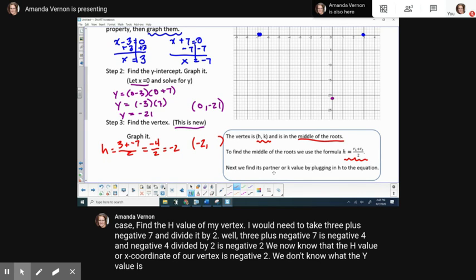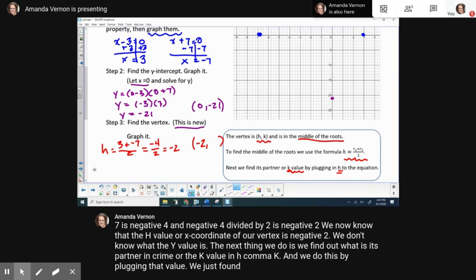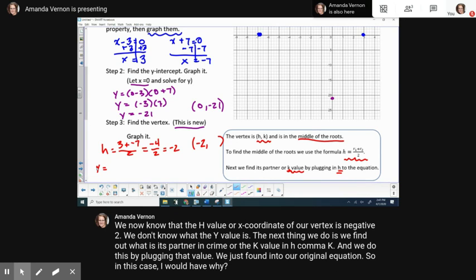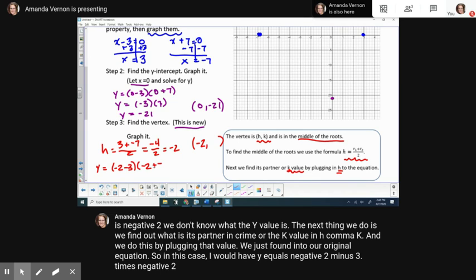The next thing we do is find its partner in crime, or the k value in h, k. And we do this by plugging that value we just found into our original equation. So in this case, I would have y equals negative 2 minus 3 times negative 2 plus 7.